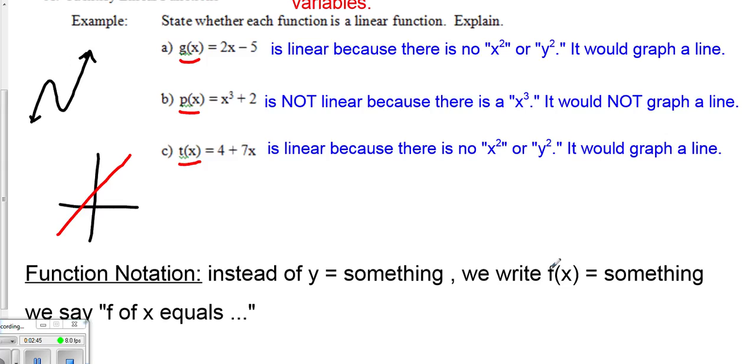We normally use f for function of x. This is a function using x as its input, but we call it function g, not function f. It's just a way to define things.